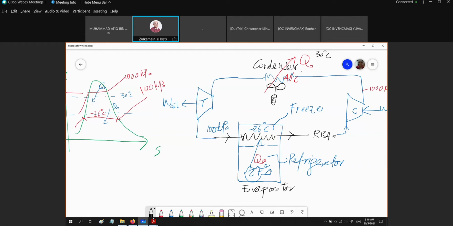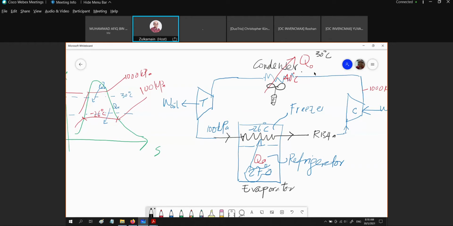What is the meaning of evaporator? We change the phase of the R134A from liquid to vapor, so it is called the evaporator. And then right here, we cool down the refrigerant. From superheated vapor or maybe vapor, we are going to condense it. So how to condense it?